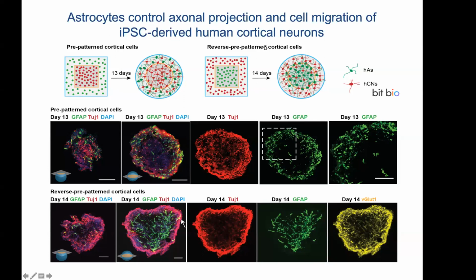But we can print this in the reverse pattern with the astrocytes on the inside. And in that case, the projections will move into the astrocyte layer. The astrocytes will stay put. And then eventually these cells will migrate inwards in this case, and outwards in this case.